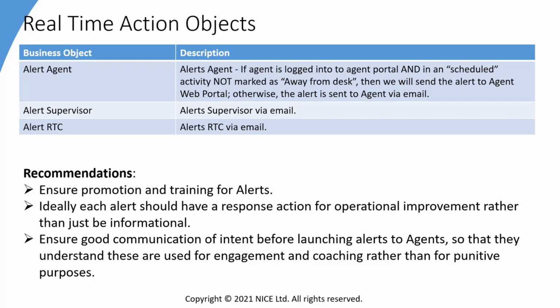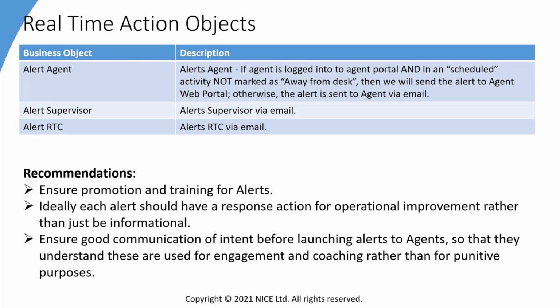So before rolling it out to the actual agents, there should be some communication along those lines to say, hey, we're rolling this out, this is what it's used for, this gives us an opportunity to help you more, and so forth. Does that make sense?